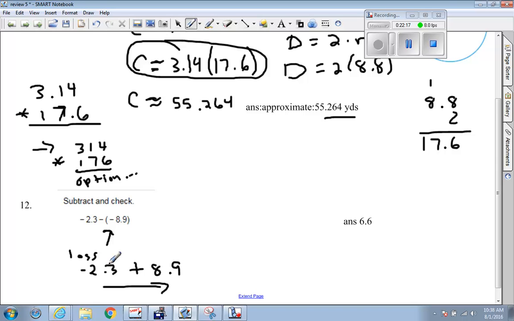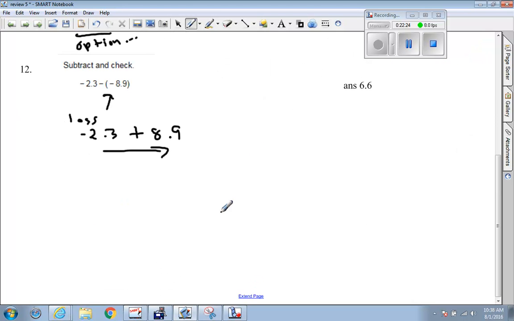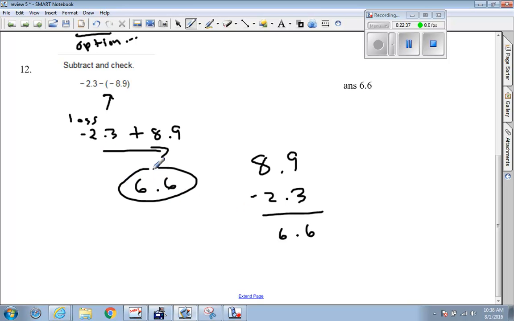So if you lose $2.30 and then you gain $8.90, you're to the good, but what really ends up happening is you're looking for the difference of that money, if you're thinking about it as money. So 6.6. So you'd be to the good 6.6. So a lot of people say subtract these two values and answer takes the sign of the larger number, which is the case. Okay.